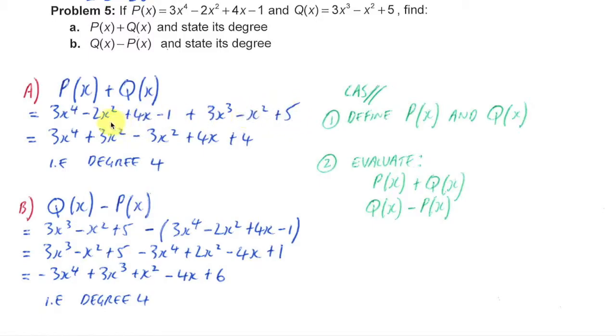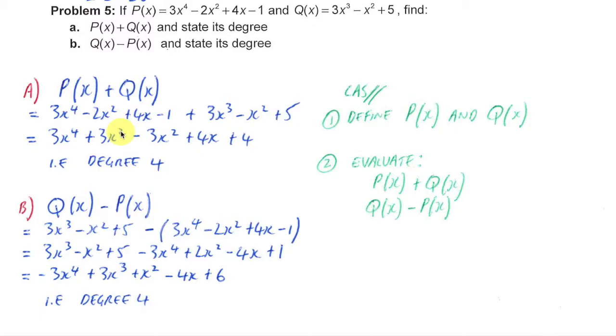The highest power that I have is to the power of 4, so I've got 3 lots of x to the power of 4. I'm now going to look for a cubic, and I've got 1 lot of cubic, so it's 3 lots of x cubed altogether, and that should be plus 3x to the power of 3, so you can just change that in your notes there.